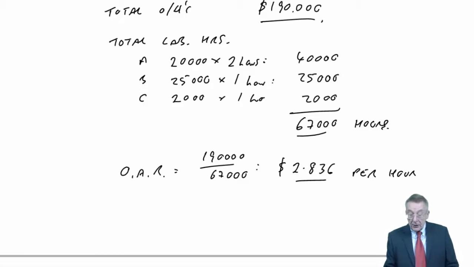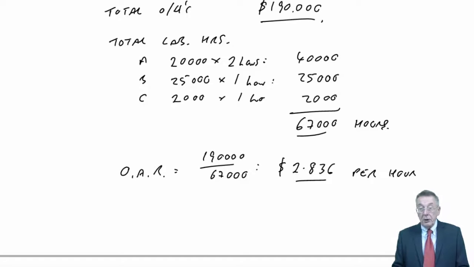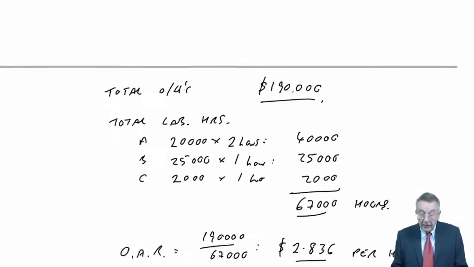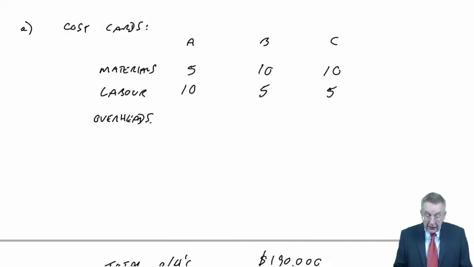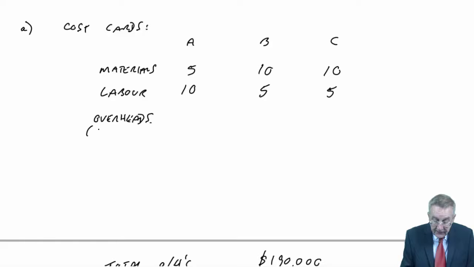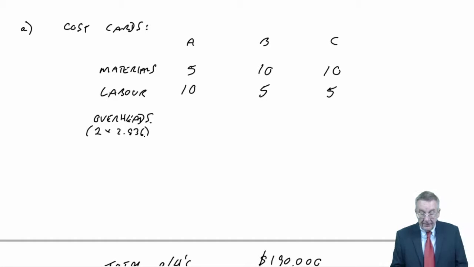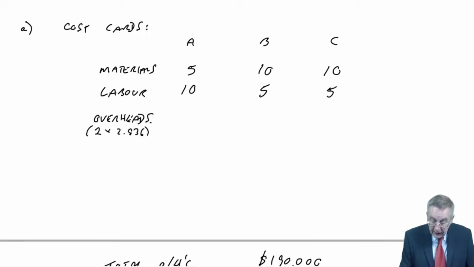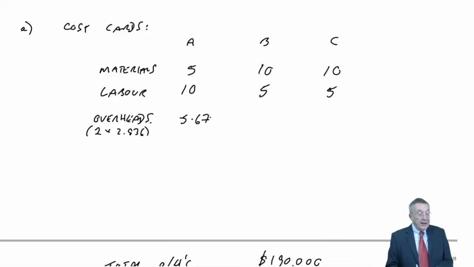So we're going to charge the overheads at 2.836 per hour. If we go back to the cost card, our product A was 2 hours at 2.836. So per unit is $5.67. Whereas product B and C are both 1 hour.